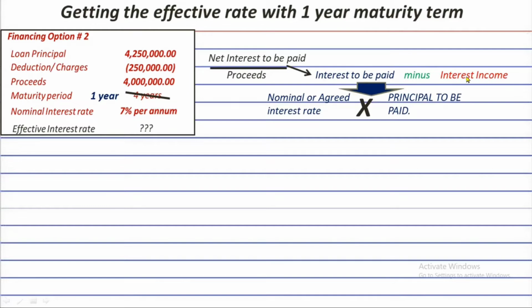In your mind, you might be thinking, why is there an interest income here? So let's answer that. It's because sometimes the banks and other creditors and other financial institutions would demand you to open a savings account before they grant you the loan. And that account is restricted from withdrawal unless you have already paid in full. So that is what we call a compensating balance.